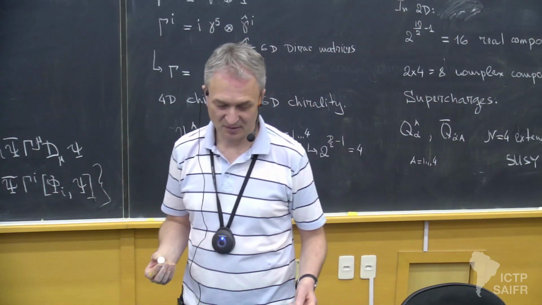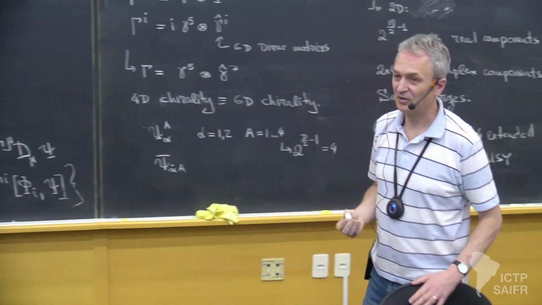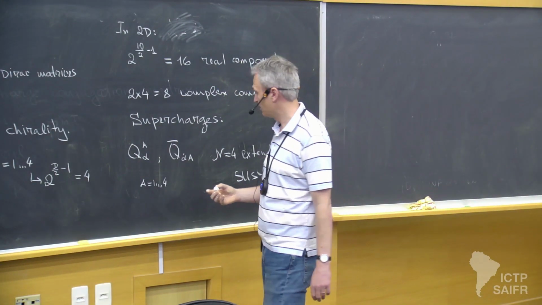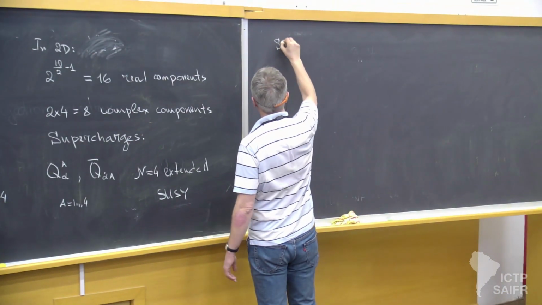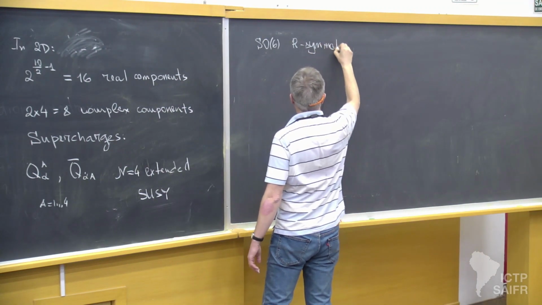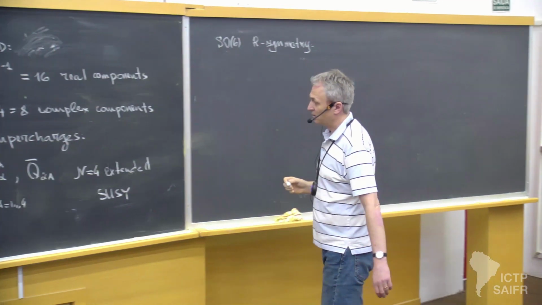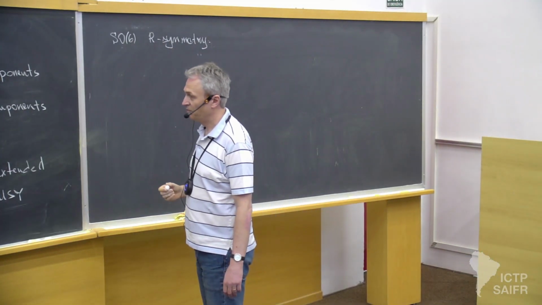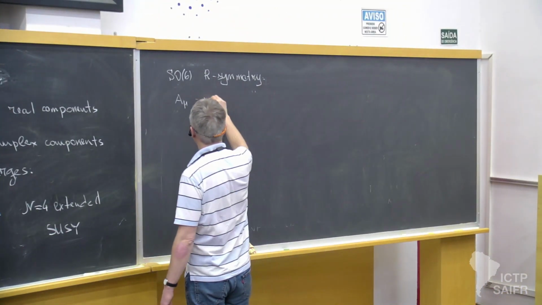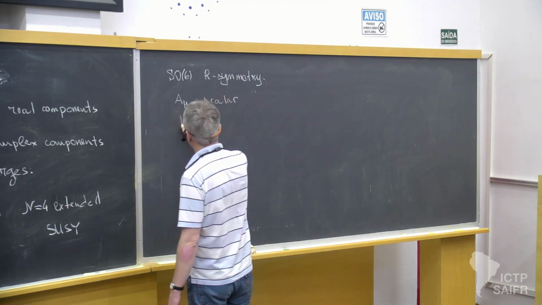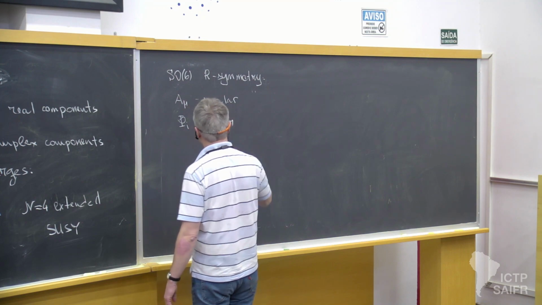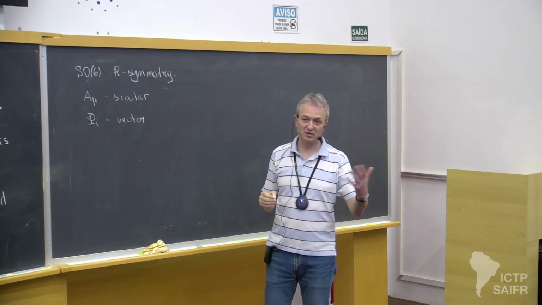How is the R symmetry realized on this supercharge? Very simply, because our symmetry is SO(6). So indeed, we have SO(6) R symmetry. Under SO(6), A mu is a scalar. Phi I is a vector, and it has 6 components, because of their 10-dimensional provenance.